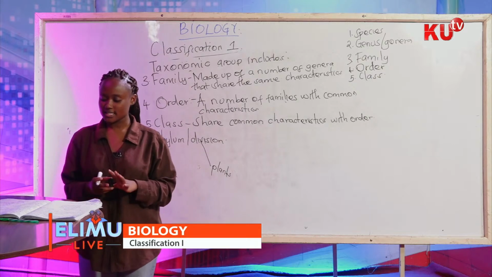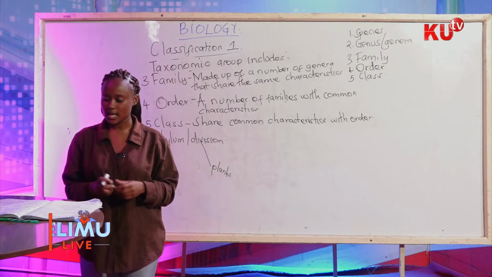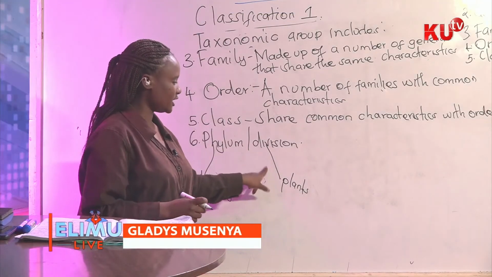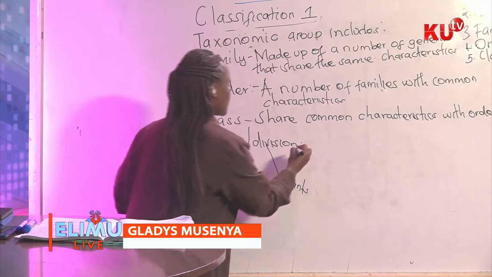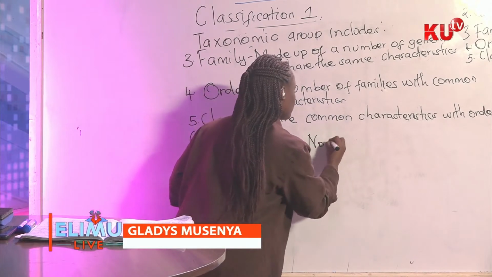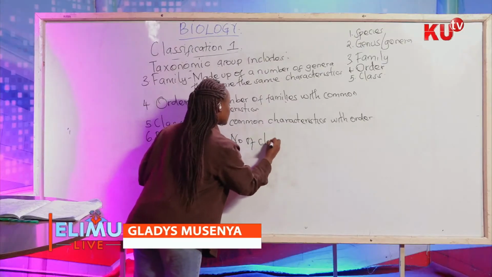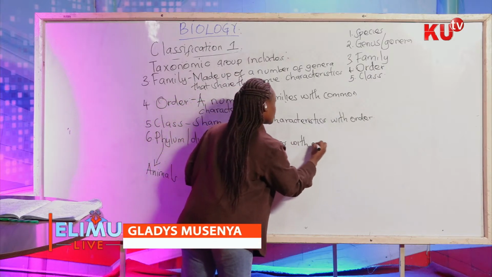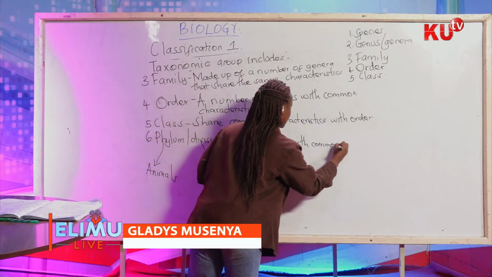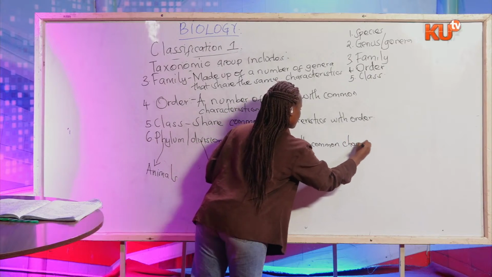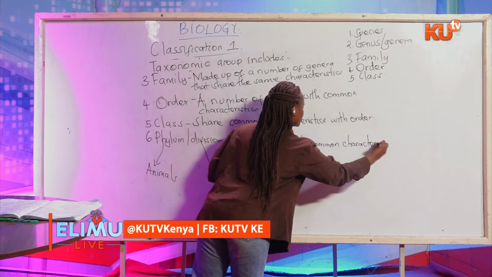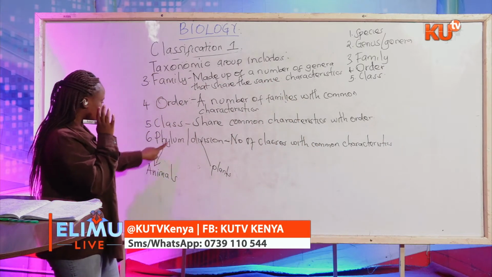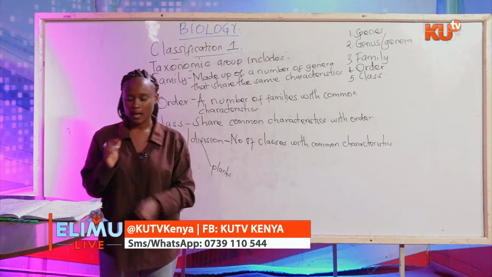A number of classes with similar characteristics make up a phylum in animals and division in plants. So we have animals in phylum and then division in plants.